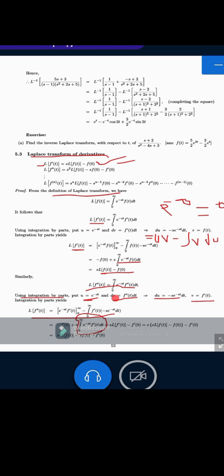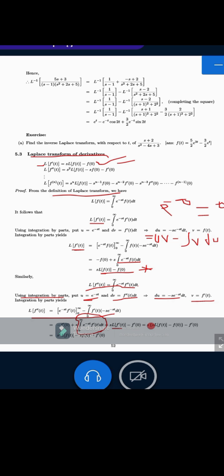So we are supposed to replace this with it, because it is the Laplace transform of f prime of t. Or basically, you can write in this form. So you have s times the Laplace transform of f prime of t, and then minus f prime of 0.